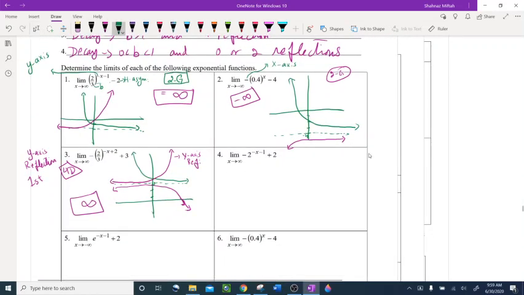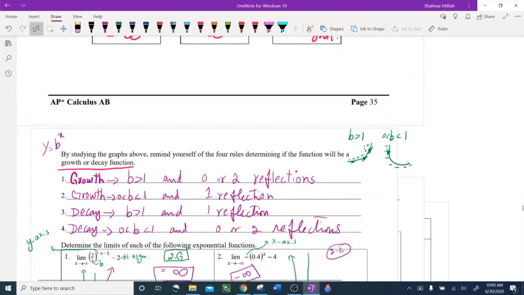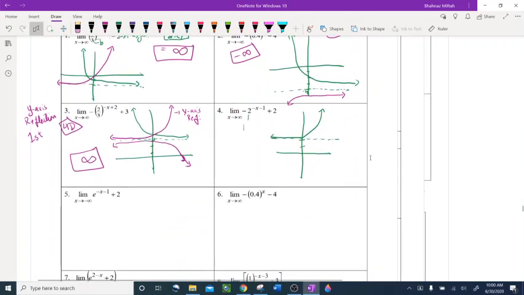So I'm going to draw a graph first, and it's plus 2: 1, 2, and that's my horizontal asymptote. Since b is greater than 1, my original graph is going to look like that, so I'm going like this.